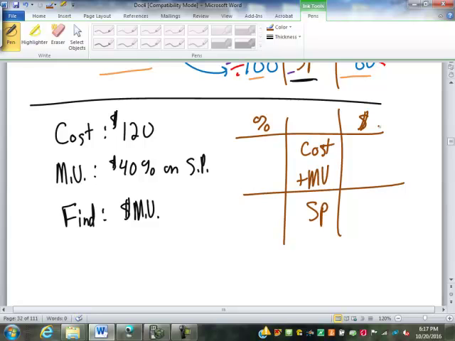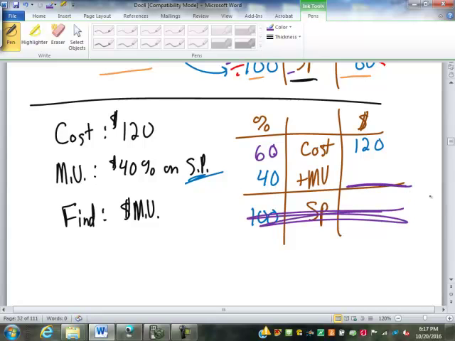Cost plus markup equals selling price still. $120 goes into the dollar cost. 40% is our markup. What else do we put in? $100 goes with selling price. 60% goes in for cost, because 60 plus 40 is 100. We're asked to find the dollar markup here. I don't need the selling price. We'll cross multiply and divide, which is going to give us $80 is the markup.